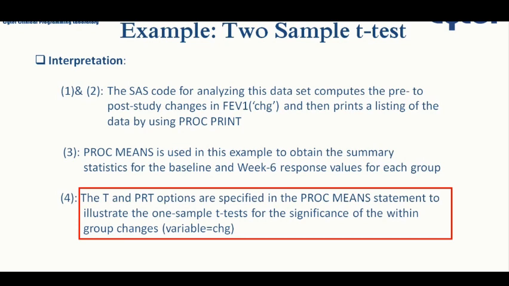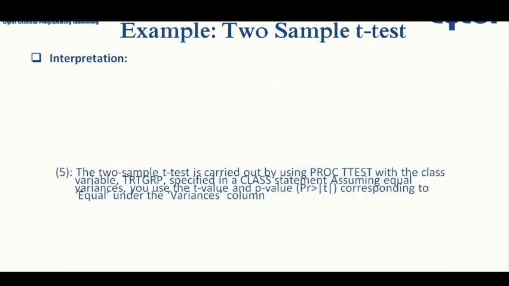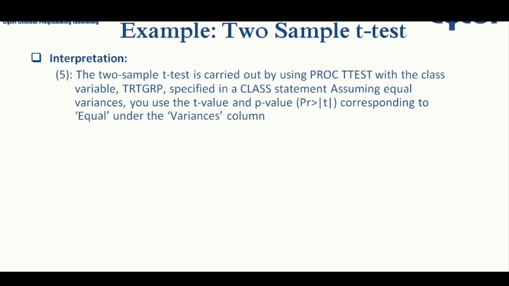The T and PRT options are specified in the proc means statement to illustrate the one sample t-test for the significance of the within group changes. We are actually not interested in this output. We are interested in the comparison. So actually our interest lies in this particular output.